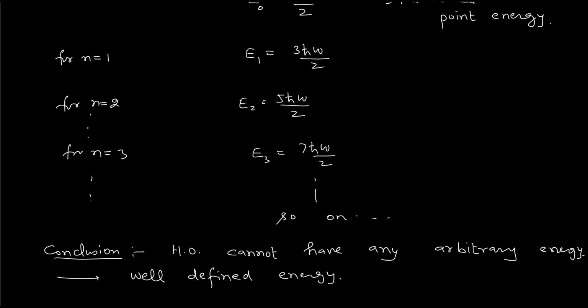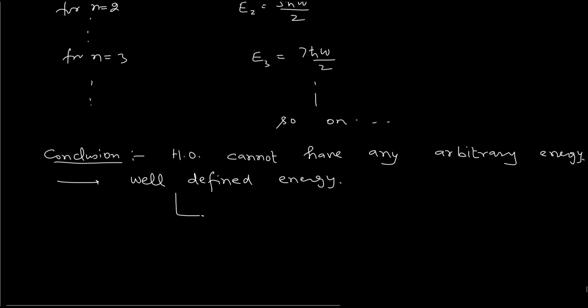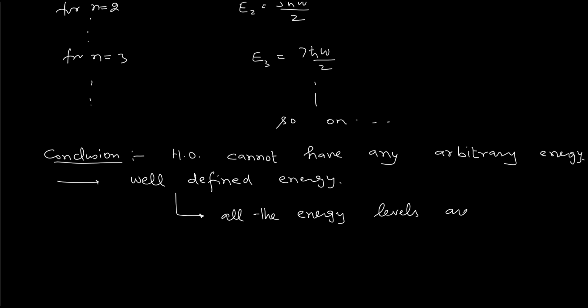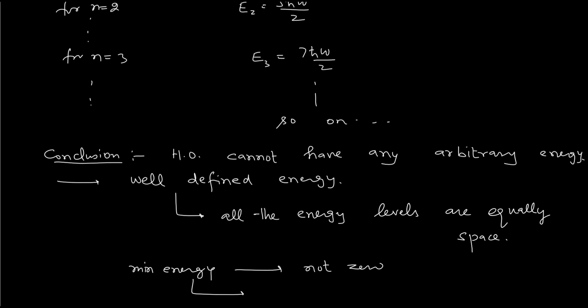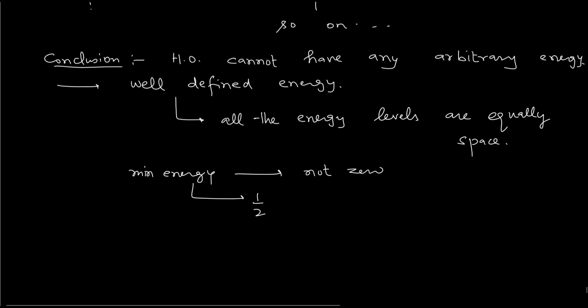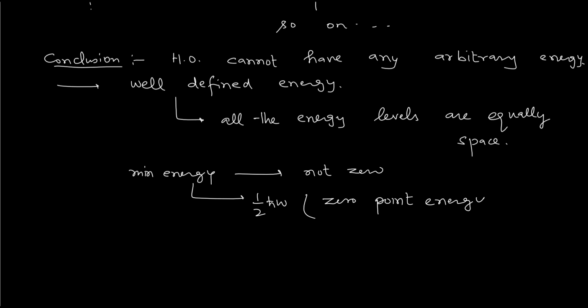And if you look at the energies, all the energy levels are equally spaced, and the minimum energy is not zero, it is half h cut omega, and it is called zero point energy of the harmonic oscillator.